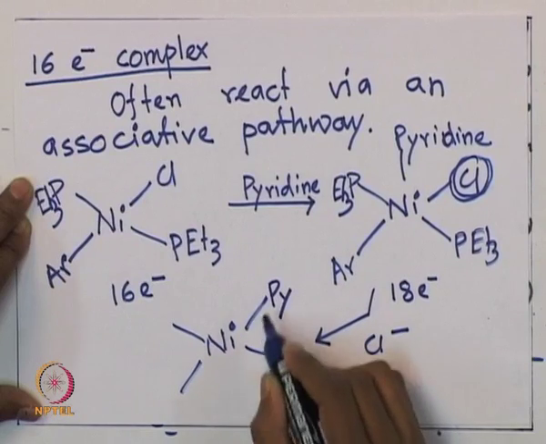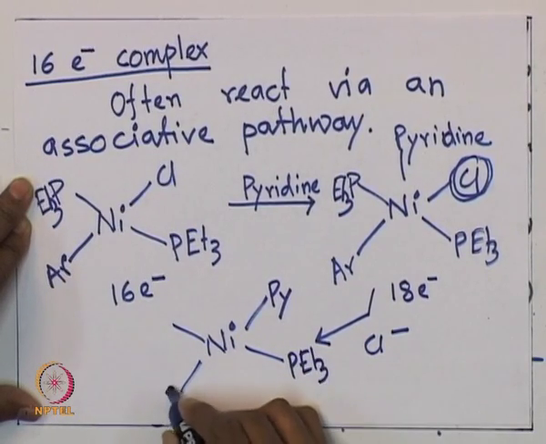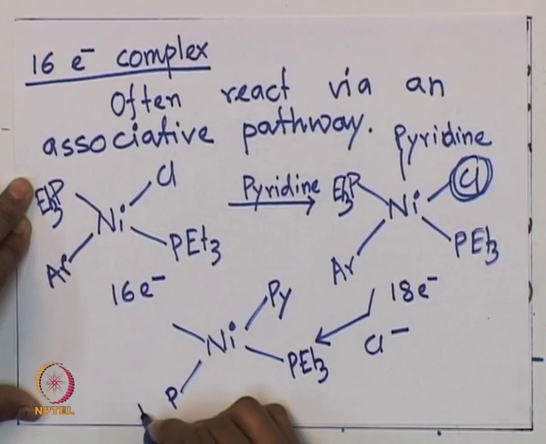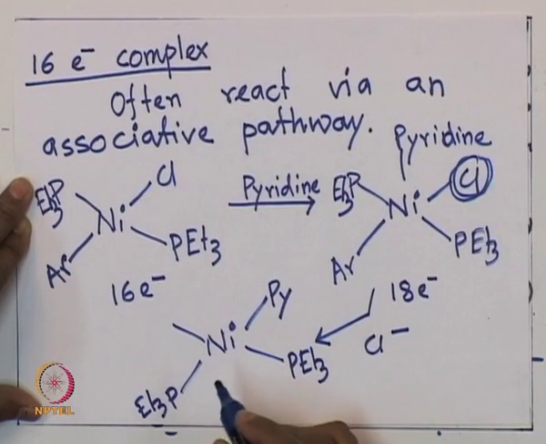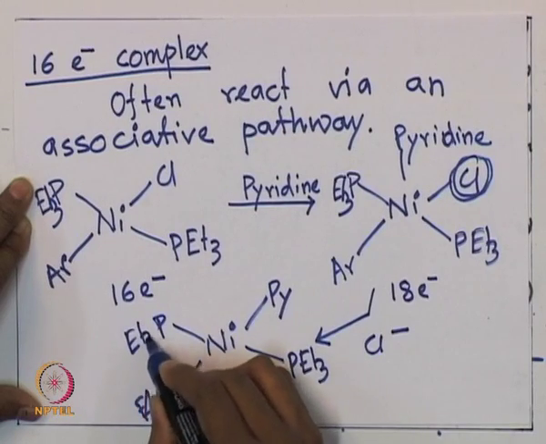Starting from a square planar complex, the final complex is the one where chloride comes out and pyridine takes its place, to give you, sorry, this one should be aryl, the nickel complex.